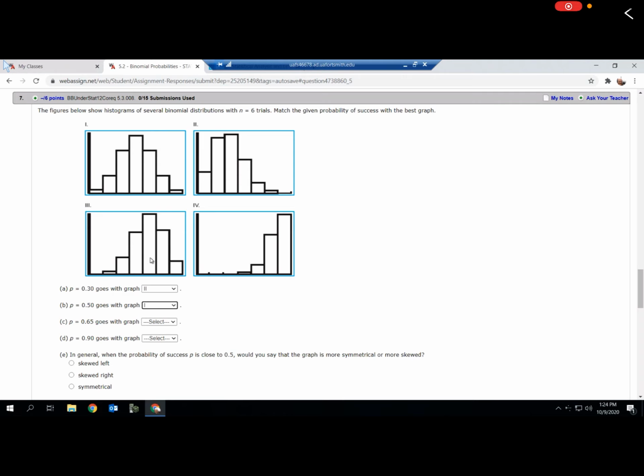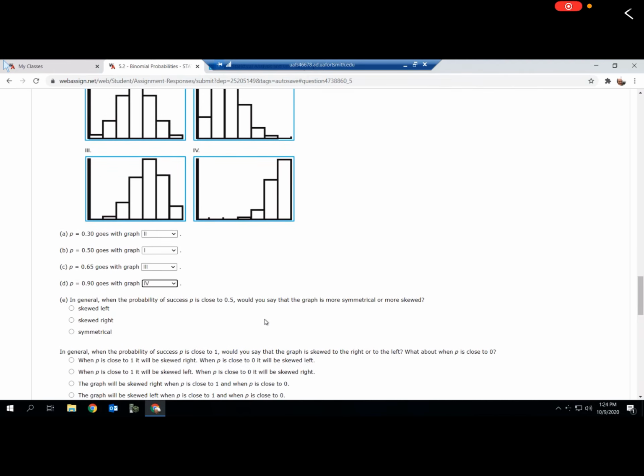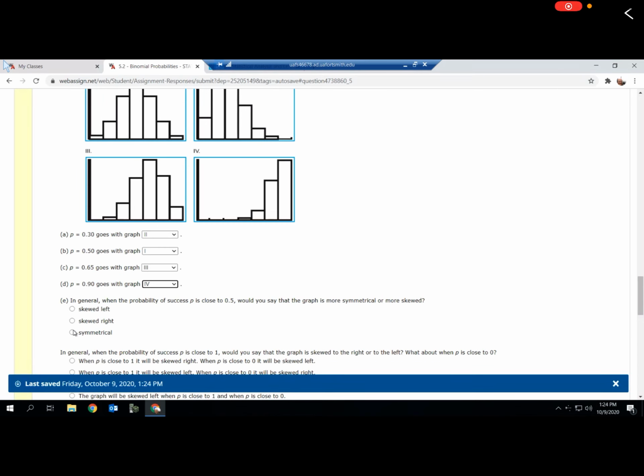0.65, you expect your bar to be the highest about 65% of the way. And 0.90, you would expect your highest bar at the 90% area. In general, when the probability of success P is close to 0.5, and that was that upper left graph, you expect a symmetrical graph.